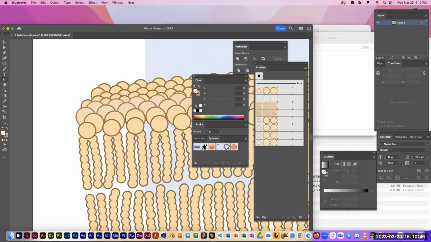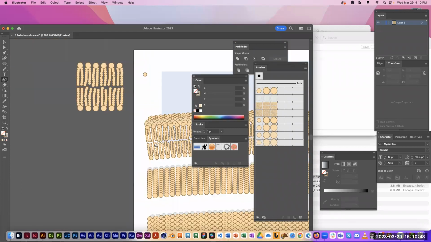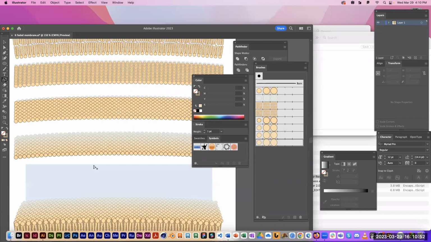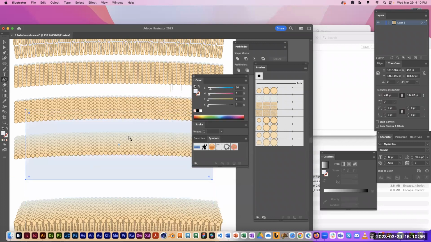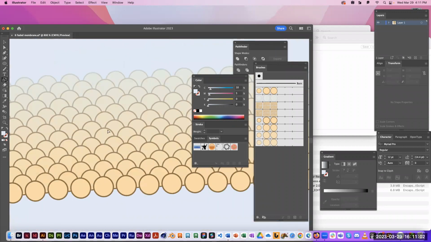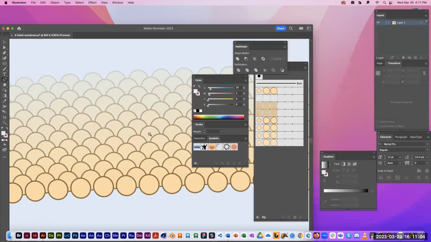And by that time, it would look like it was just fading into that blue background. So it would look like this, and then if you put that blue background behind there, it kind of looks like our membrane is fading off into the distance.